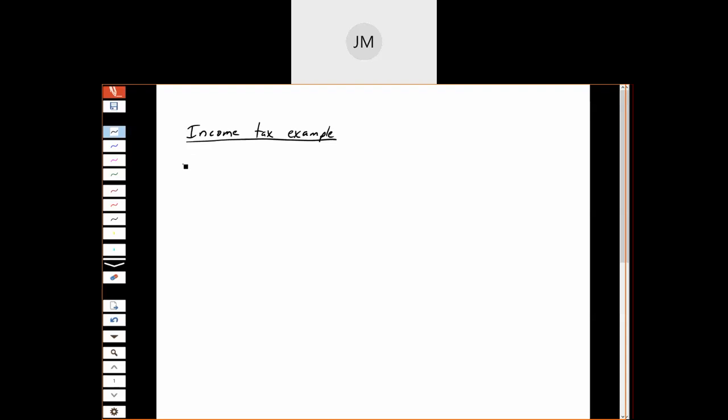So let's suppose we have a married couple with gross income of, let's say, $230,000. And let's say that they have $16,000 in adjustments, $20,000 in deductions.